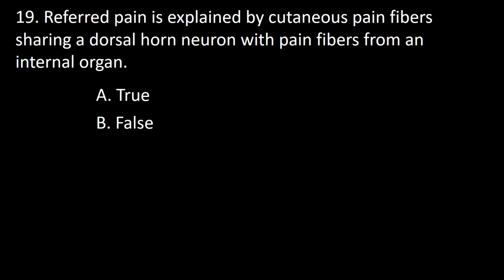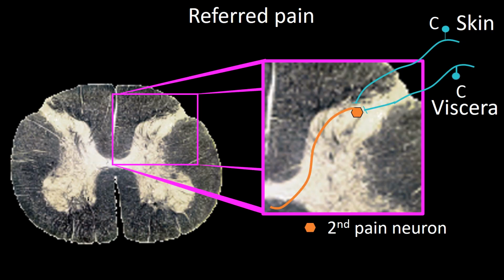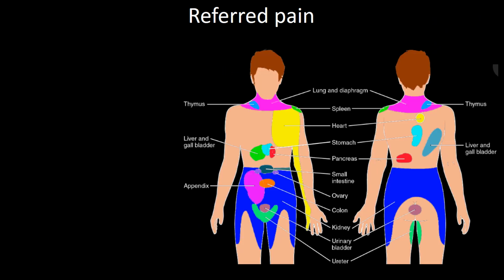Next question. Referred pain is explained by cutaneous pain fibers sharing a dorsal horn neuron with pain fibers from an internal organ. A true, B false. This figure shows a sensory second neuron receiving pain input from visceral and somatic sources. This situation is relatively common. Hence, pain at a certain cutaneous location may indicate a specific visceral malfunctioning.